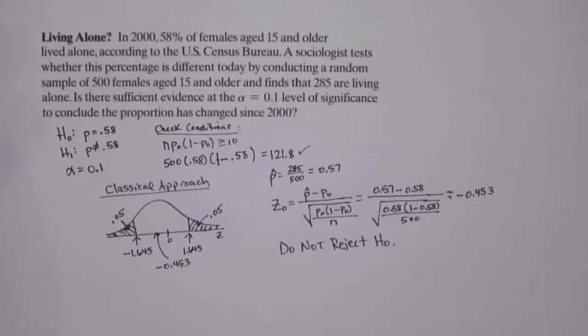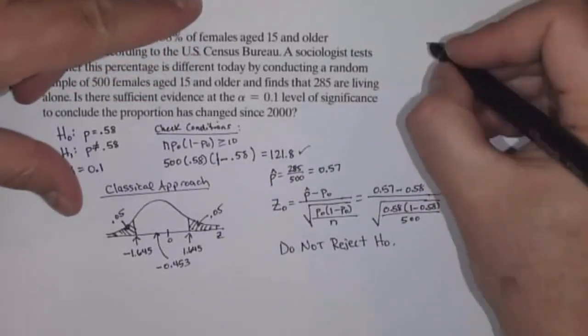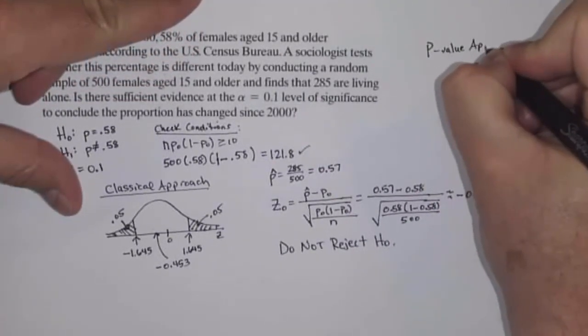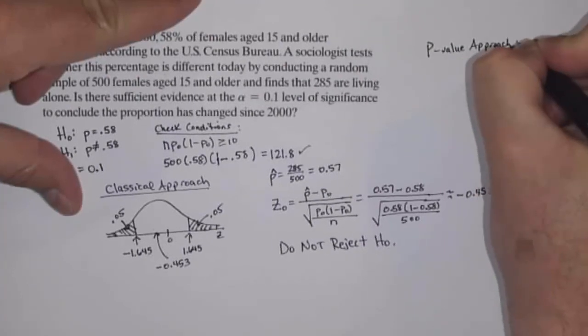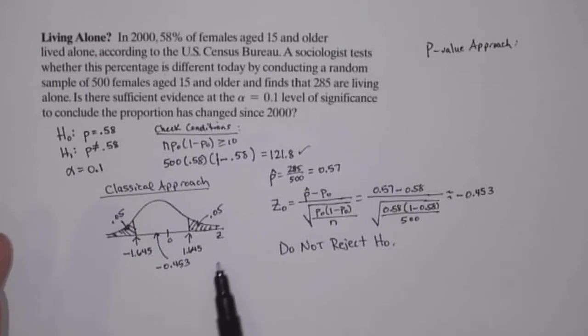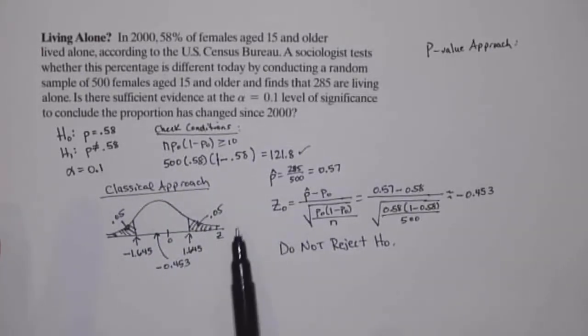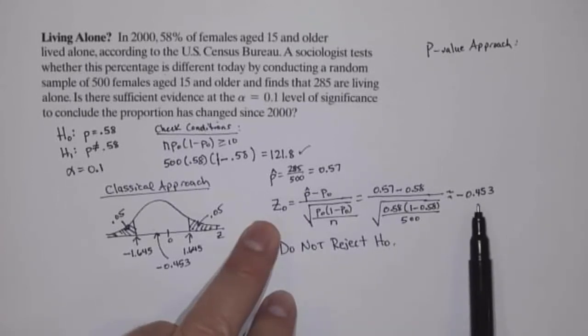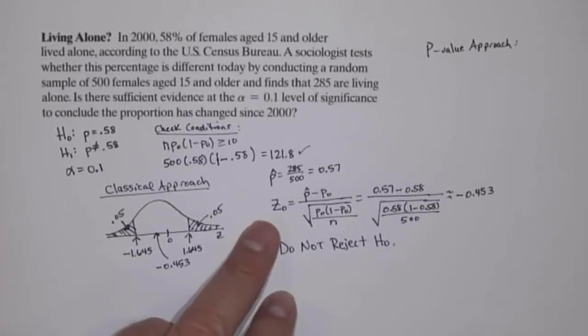Now, if I want to use the p-value approach, I do everything the same except I don't need to draw this picture. The picture's there for the classical approach. So I calculate my test statistic z naught. I figure out that it's negative 0.453.